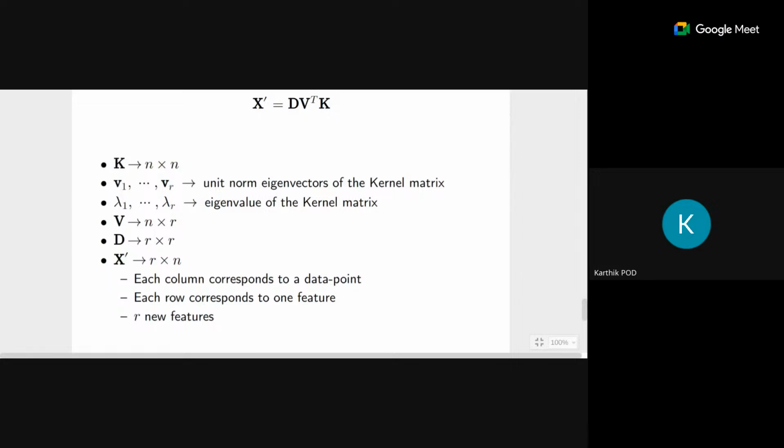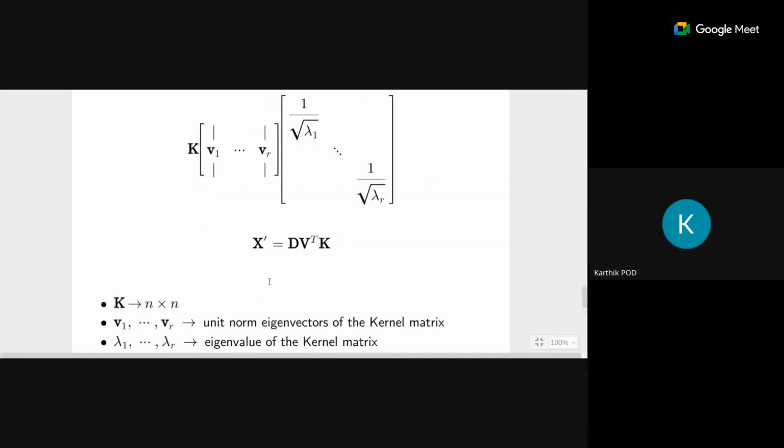Now you can throw away capital X and use this X prime for some downstream task. This is what you end up with after running kernel PCA on the data matrix.